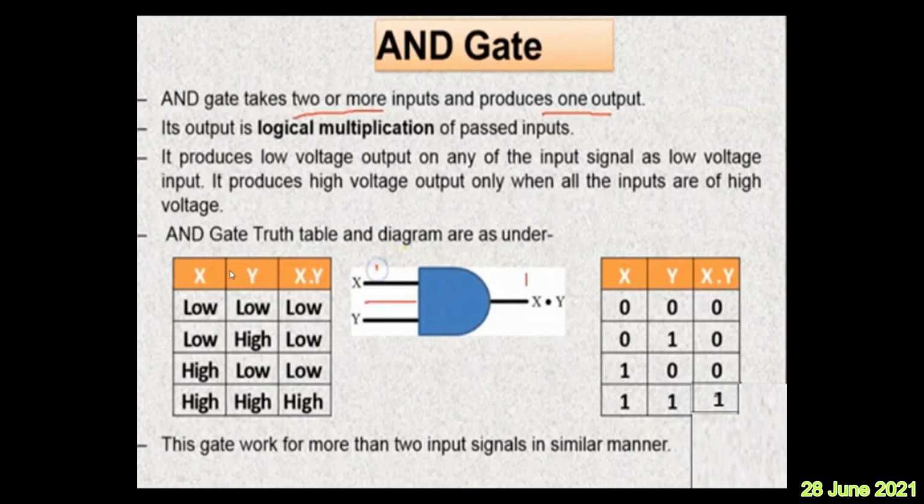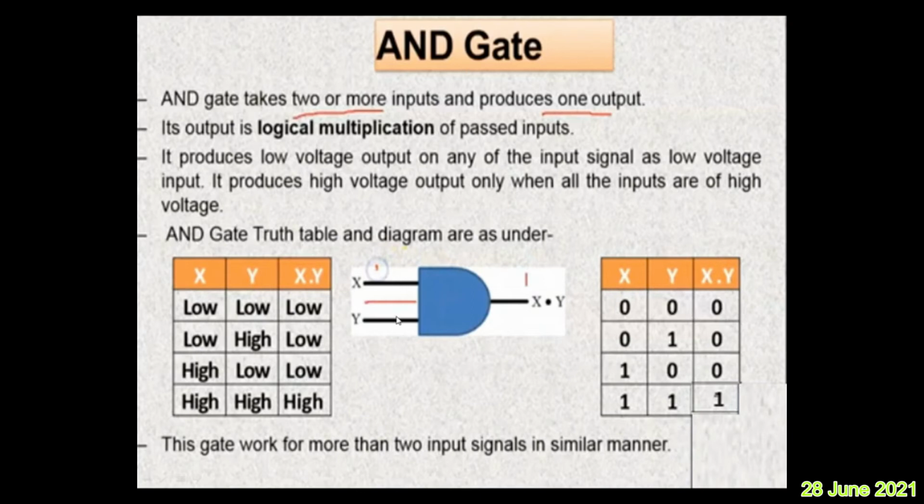The meaning of which is, in case of two variables, only when both are high, the output is high. In all other cases it is low, because here low is there, low is there, low is there. Means only when all the inputs are 1, then output is 1. If any one input or all inputs are 0, then the output is 0.